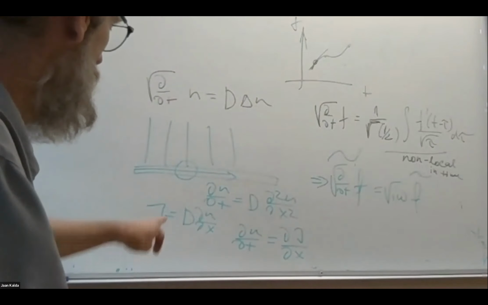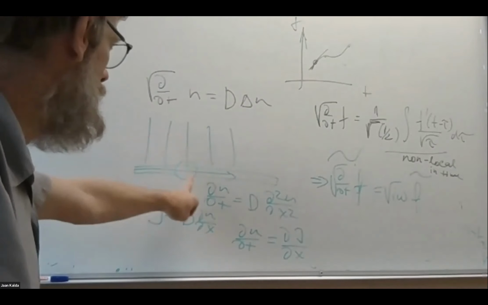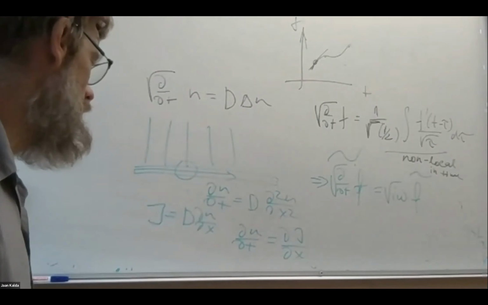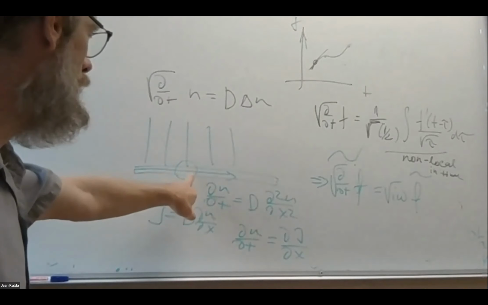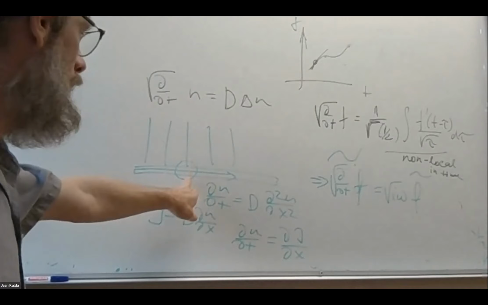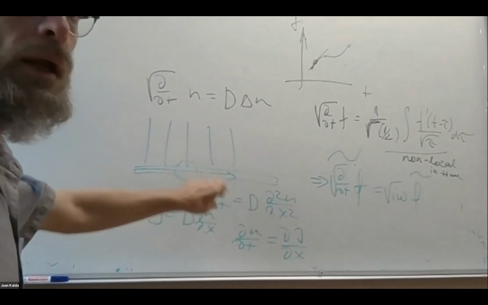But now we need an additional term which describes how much goes into the dot, and this depends on the value of n at this point.